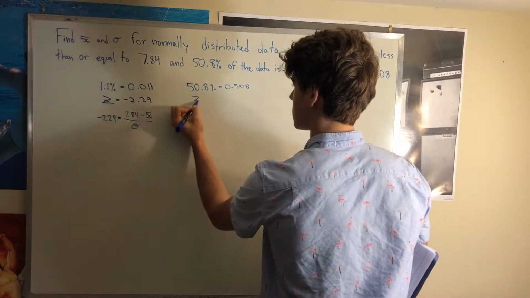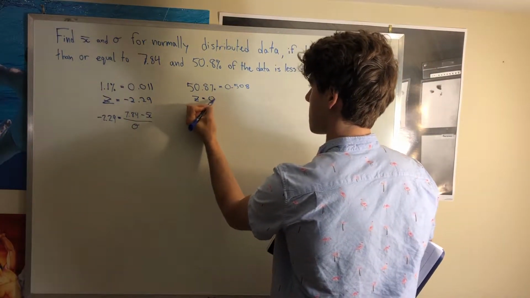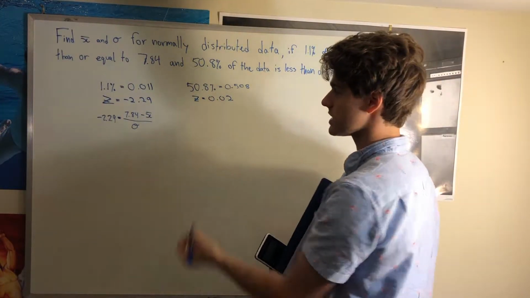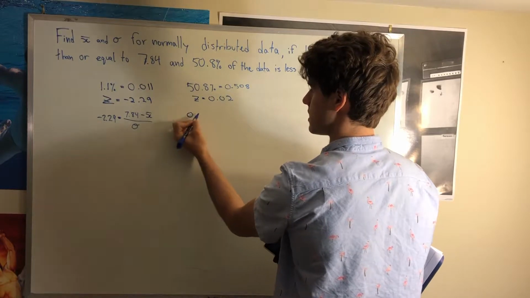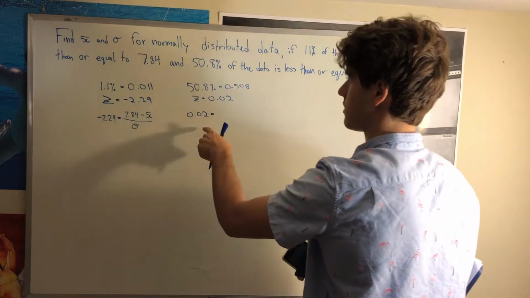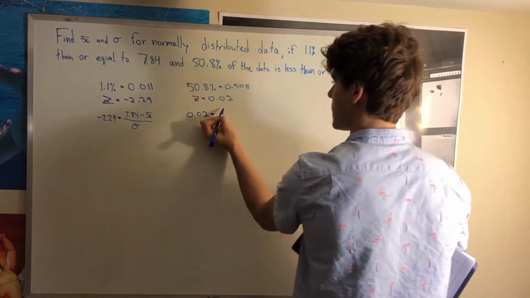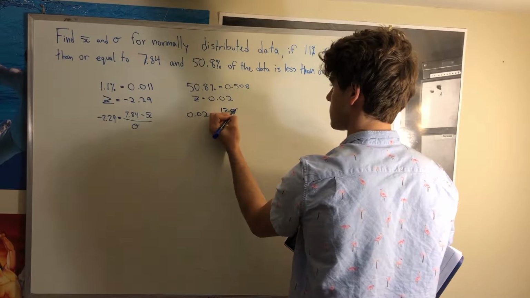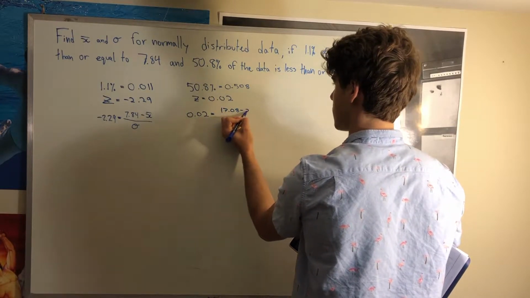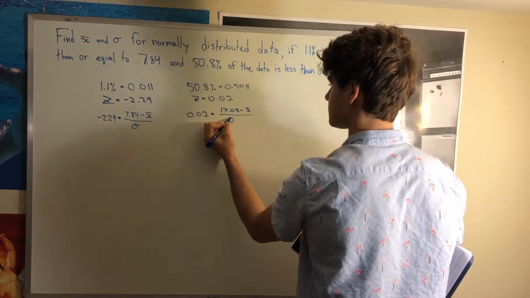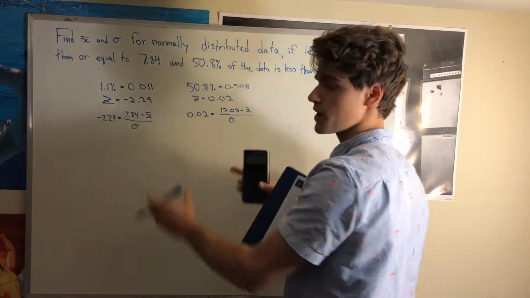So z equals 0.02. Okay, and then our equation for this would be similar to the other one, 0.02 equals x, so the number that's less than, so 17.8, sorry, 17.08, minus x bar over sigma. Okay, so now we have our two equations set up.